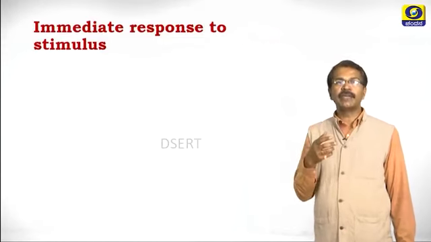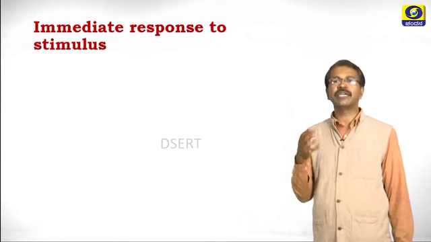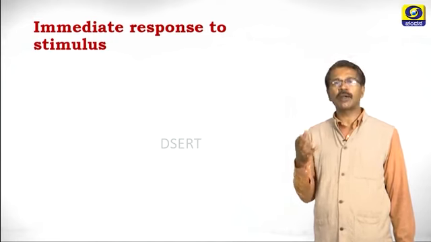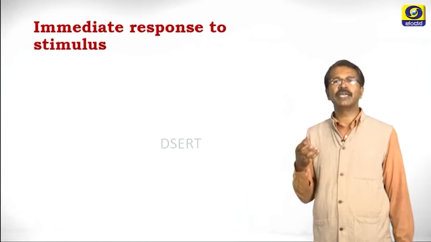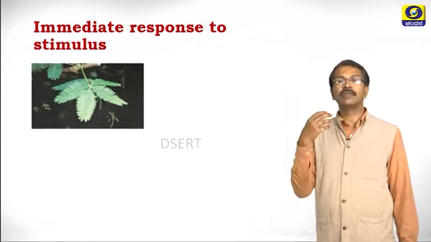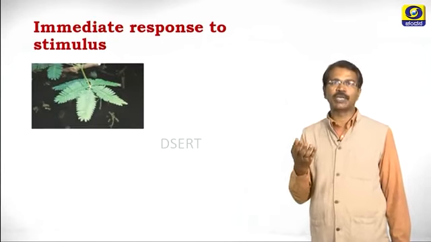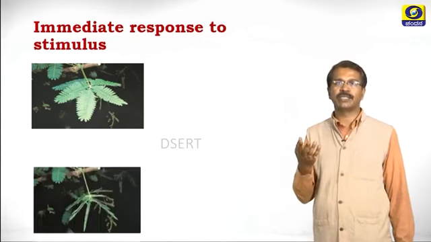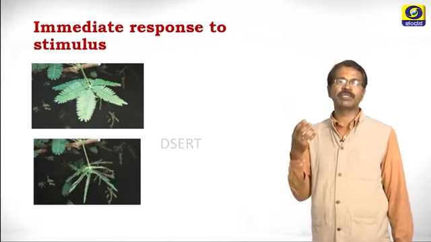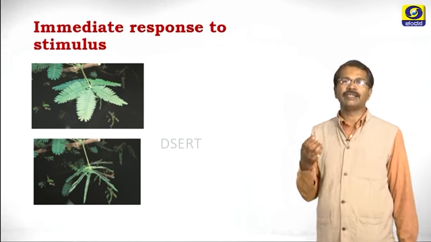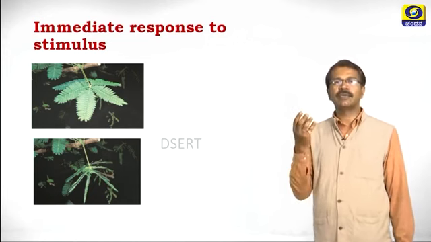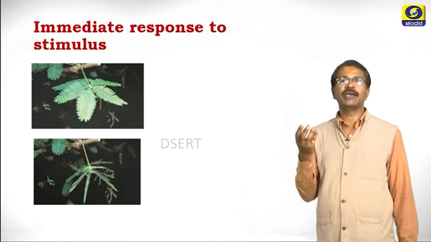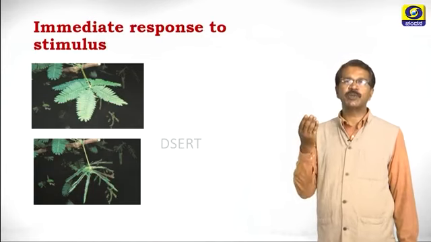We find that even plants give an immediate response. Not all plants, but at least some plants give an observable response to the stimulus. A very good example of such a response to a stimulus is the touch-me-not plant.